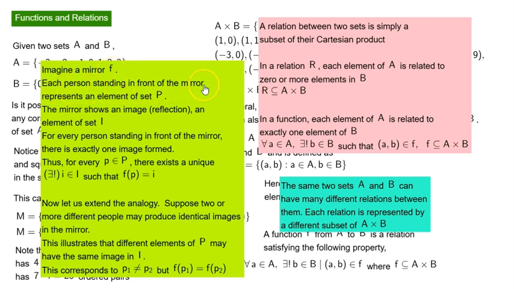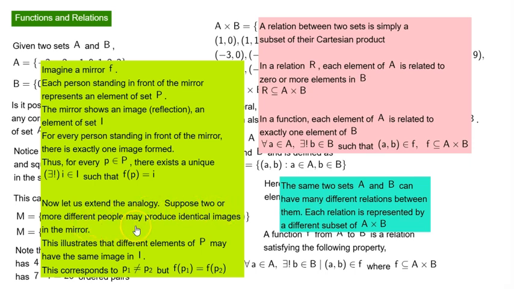Each person standing in front of the mirror represents an element of set P. The mirror shows an image, that is a reflection, an element of set I. For every person standing in front of the mirror, there is exactly one image formed. Thus, for every p in P, there exists a unique i in I such that f of p is equal to i.